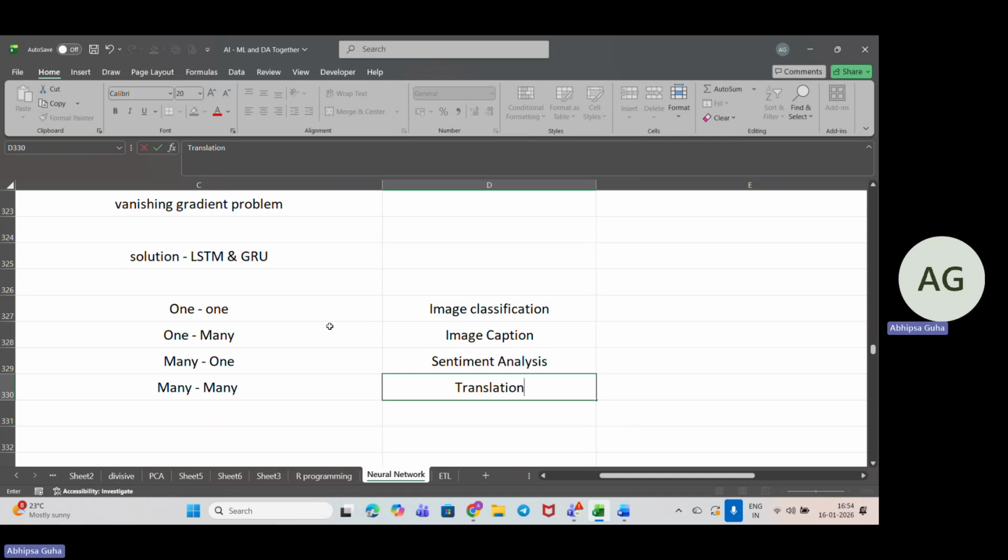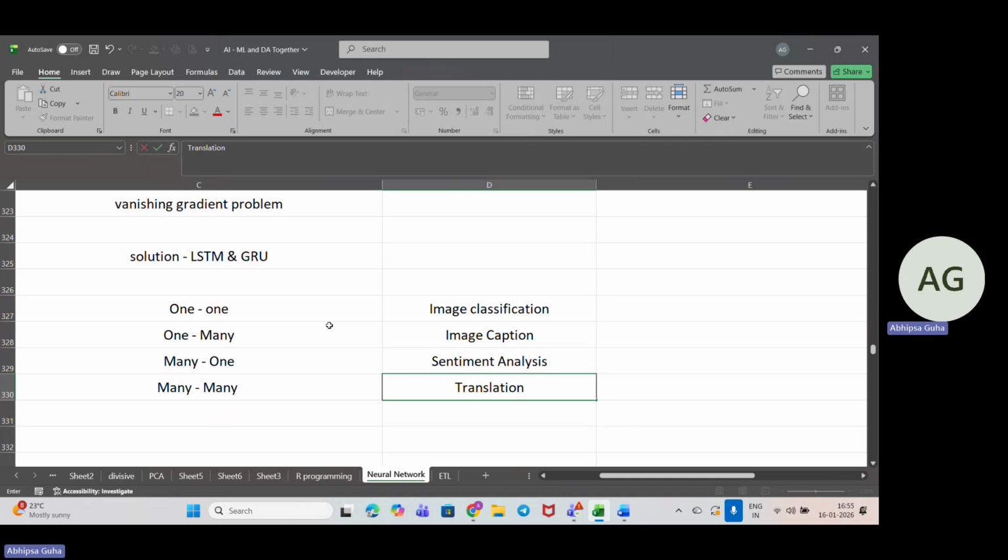It has two memories: long memory, that is the cell state, and short memory, that is the hidden state, which is already there in RNN. So it is good for long sentences, complex language, and important long-term memory. We are able to use LSTM.